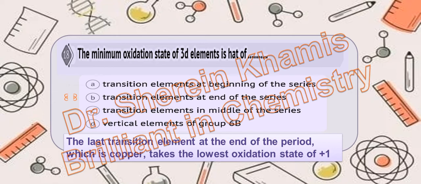So the right answer here will be letter B, transition element at the end of the series. That is our choice, which belongs to copper with atomic number 29 and oxidation state +1. Okay, let's go to question 19.